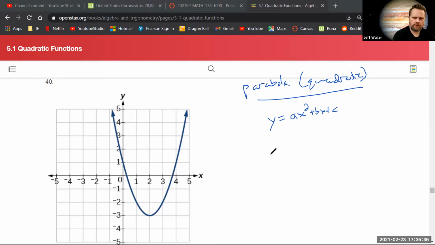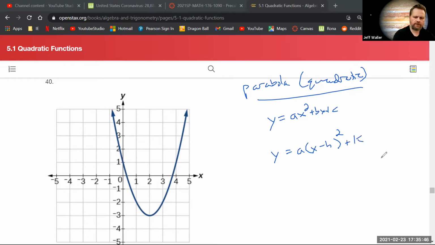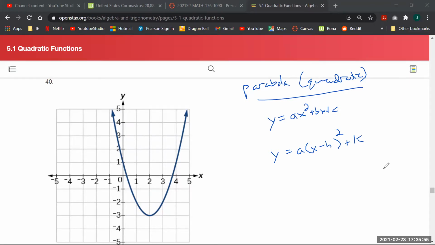Great. And then the other one, I'll give you a clue: a times x minus h squared plus k. Great. Now, which version can I use if I know the vertex? The second one.